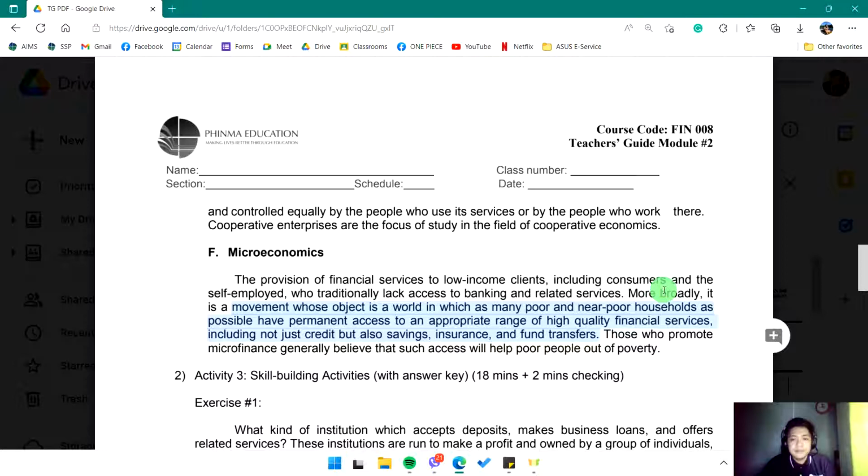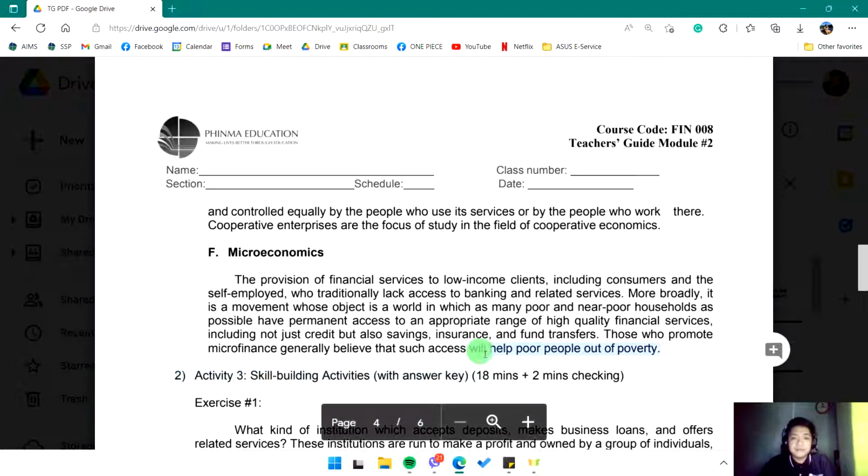So microfinance, ang primary objective po talaga niya is to help the poor people out of poverty. Ito po talaga yung primary function niya. And of course, ito yung mga nagbibigay ng financial aid sa mga natin, really poor areas of the Philippines. Sila yung nagbibigay ng financial aid.